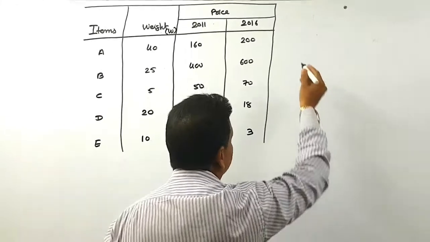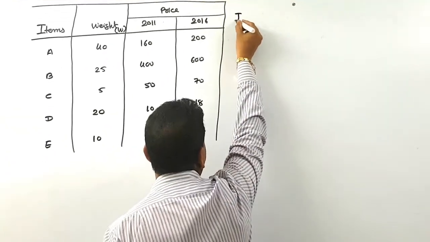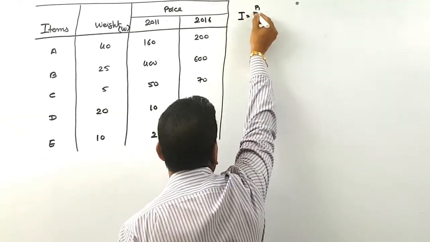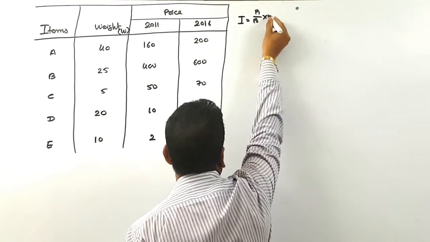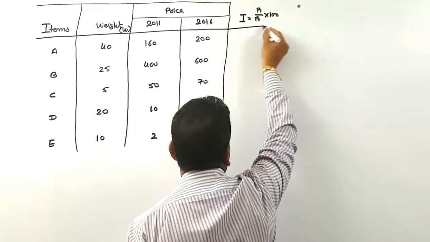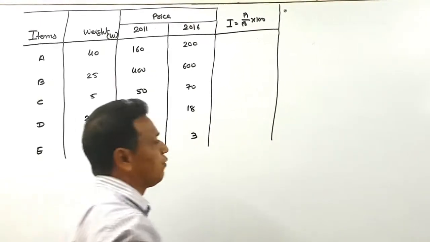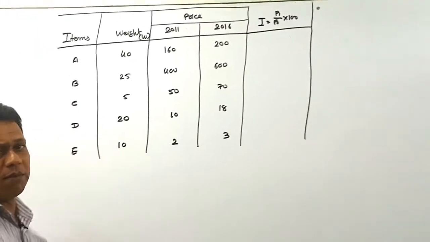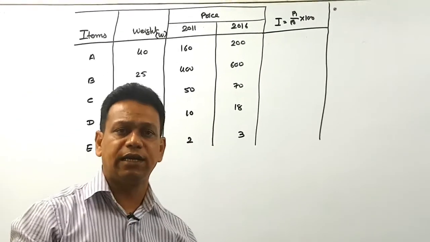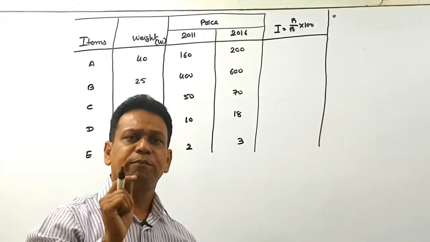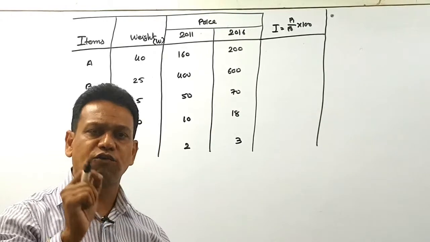First of all, I would like to make my column here: I equals P1 by P0 into 100. This is the column to find the index number for each item. And remember, my dear friends, P1 indicates the price of the current year, P0 indicates the price of the base year.